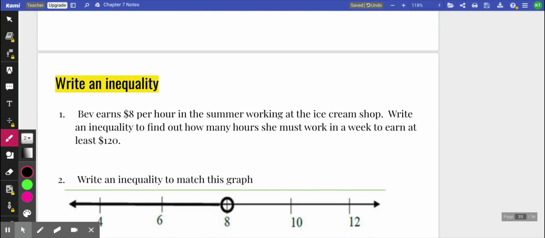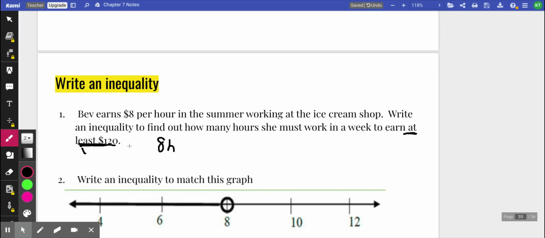All right, writing inequalities. So number 1 gives me a story problem, and number 2, it gives me a graph. It says Bev earns $8 per hour in the summer working at an ice cream shop, right? So we should know that it's going to be $8 per hour. It says write an inequality to figure out how many hours she must work to earn at least $120.